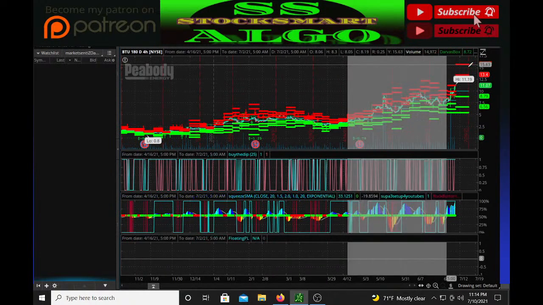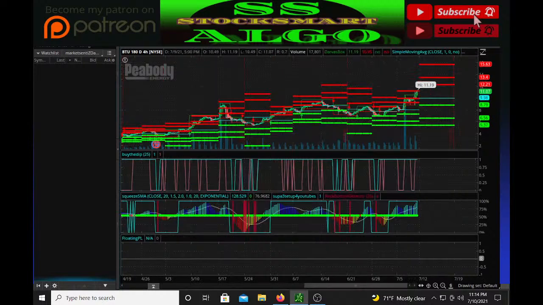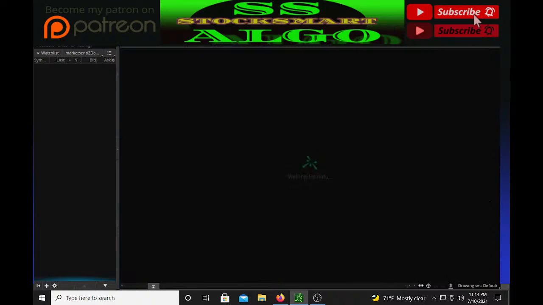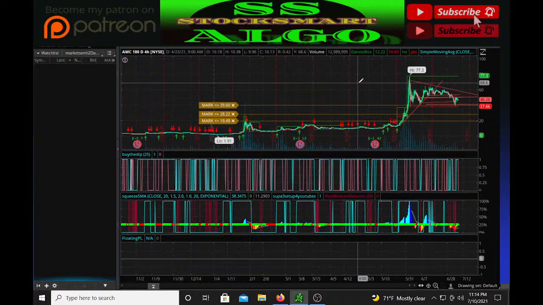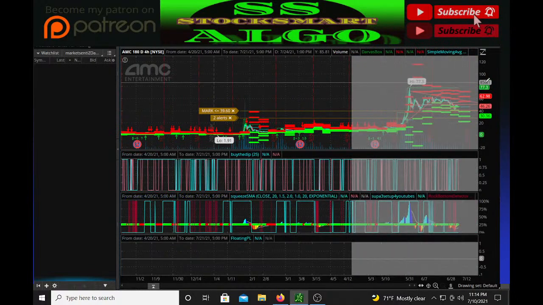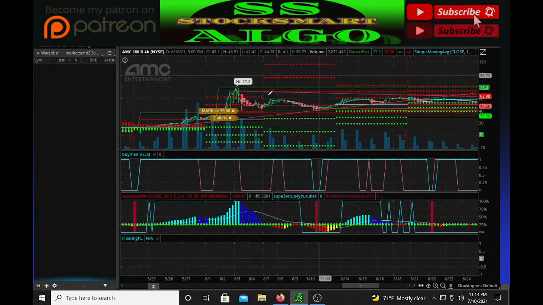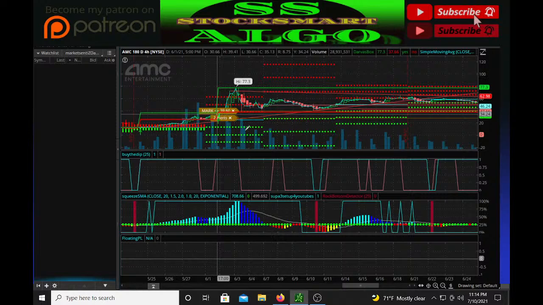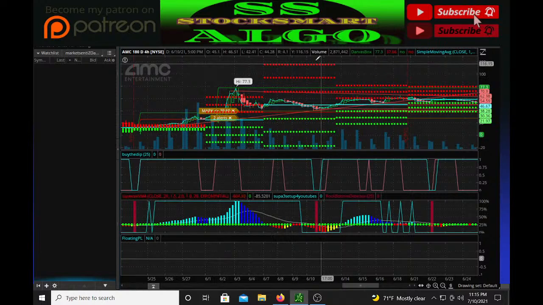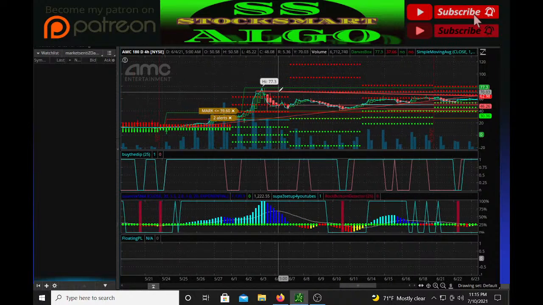All right. Now let's flip over to AMC here. That is the popular one. All right. So let's zoom in here, and we can see where our S3 and R3 zones are.